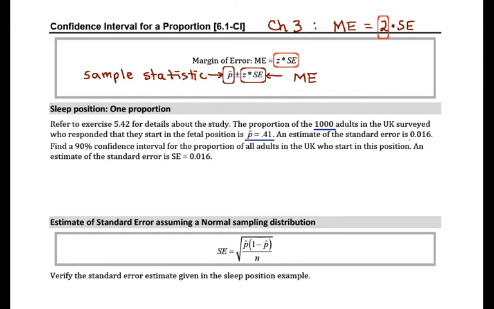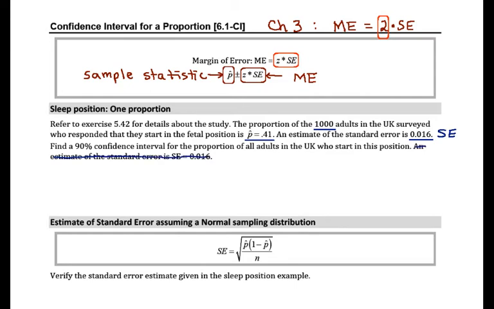And we're given an estimate of the standard error, so this is my SE right here, 0.016. We want to find a 90% confidence interval for the proportion of all adults in the UK who start in this position. I have this statement twice, so let's just ignore the second statement here.